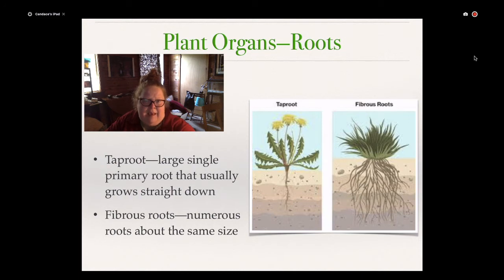So a taproot system has essentially one big fat root that goes pretty deep, and you do have some roots that come off of this, but there's certainly this main root that's thicker than all the rest of them, and it grows straight down. One of the advantages of having a taproot is it can grow quickly and reach down to this lower level relatively quickly, because it's not making as many of these side, fibrous roots.